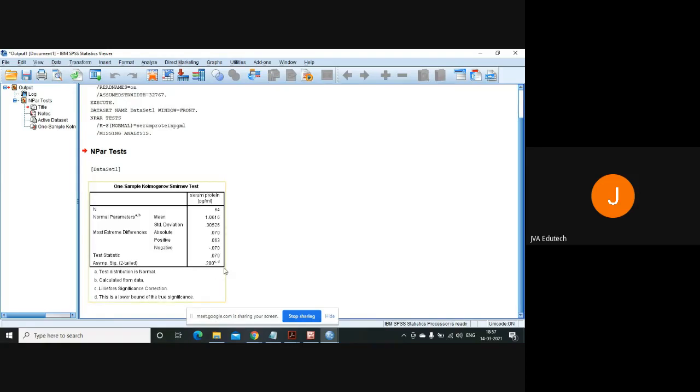Now here you can see something written: test distribution is normal. Can you tell me, anybody, from this table, what does it mean? Can you tell me the results from the output?